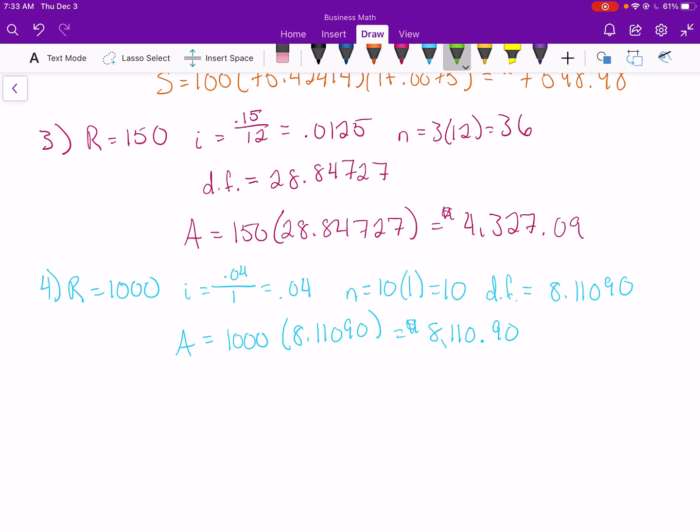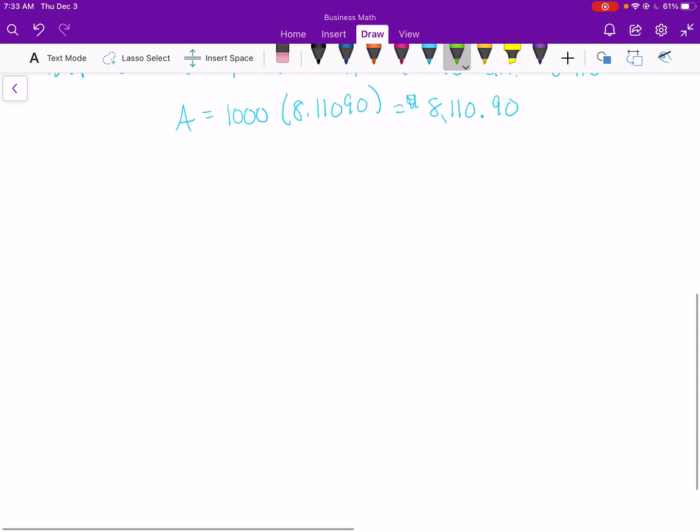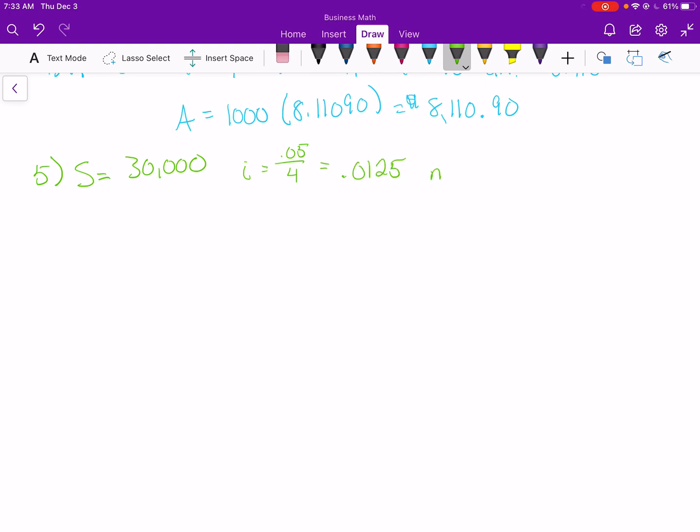We want to find the periodic payment, but it's going to be pretty much the same idea. So our total value, S, is $30,000. I is 5% divided by 4 because we're going quarterly, so 0.0125. N is 3 years times 4 times per year, which is 12.